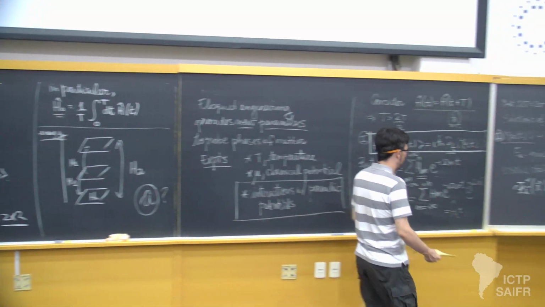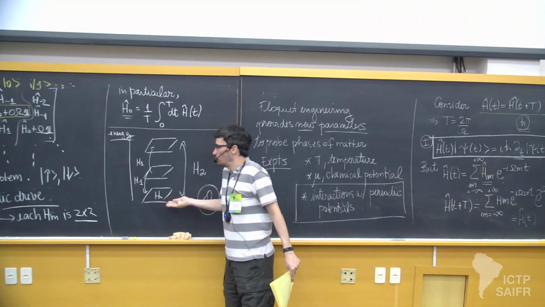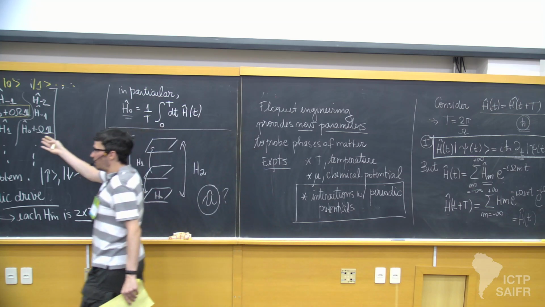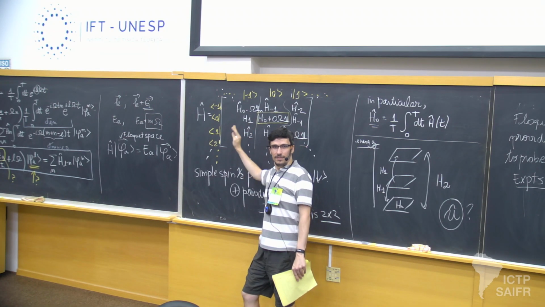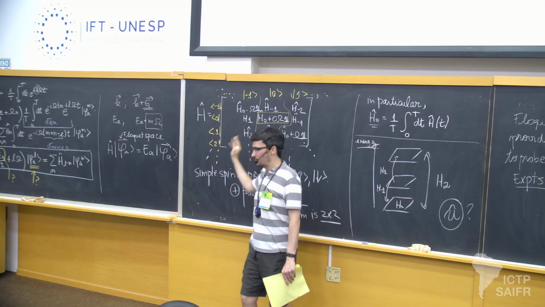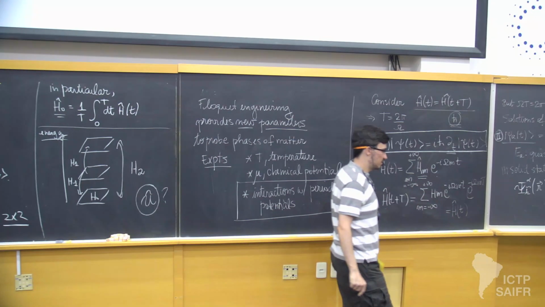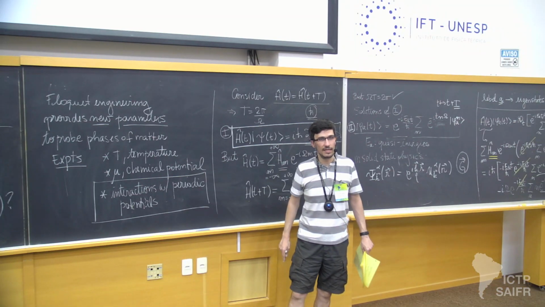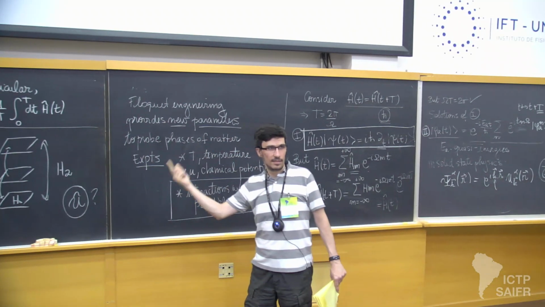But so far what we are doing is taking a problem, which could be a problem that we know how to solve, and making it more complicated, in a sense, and expecting to find interesting physics in the middle here, okay? I can give you the example of graphene already. I'll be solving this example tomorrow. You take graphene, nice and simple, and then you apply circularly polarized light.